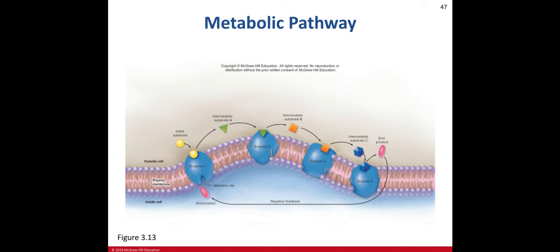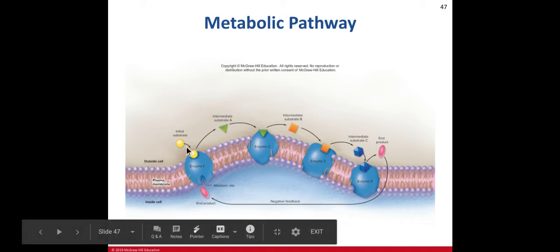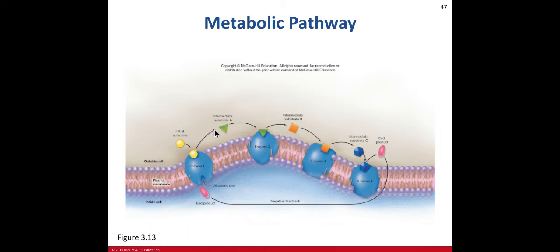So here's how it works. We've got our first enzyme that needs a substrate. It's going to make something, and that something that it makes goes into the second enzyme, which makes something that goes into the third enzyme, which makes something that becomes our end product. Now, we can keep this pathway open and going as long as we need to make that end product.